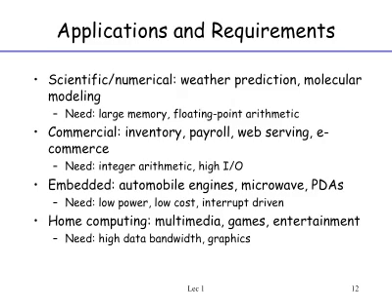For example, scientific and numerical computing, we are talking about very large problems, weather prediction, earthquake modeling, etc. Those require very large memory and oftentimes very high computing power because you have a lot of floating point operations. You have to be able to model very complex mathematical models.